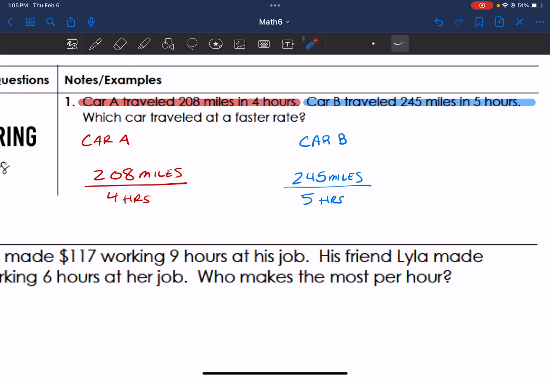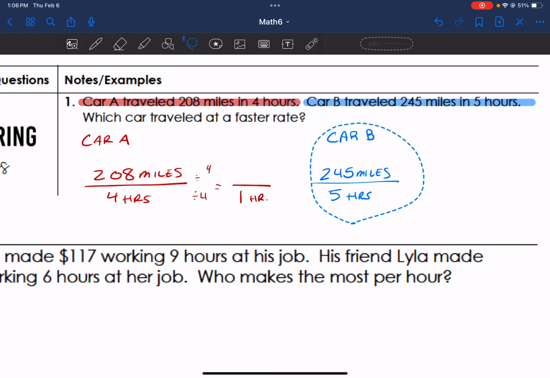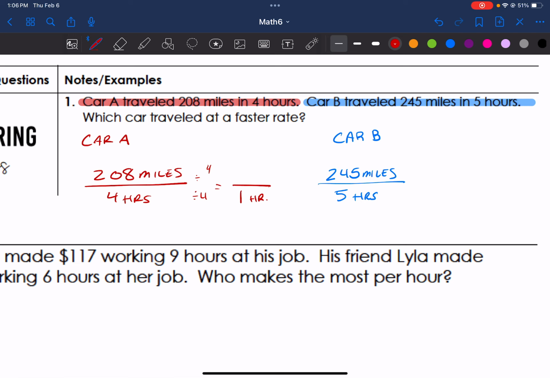So what we can do for each one is simplify them down to a unit rate. This would give them the same denominator. So I can divide this one by 4, because my goal is to get a denominator of 1 hour. When I do my math, I find out it's 52 miles per hour.